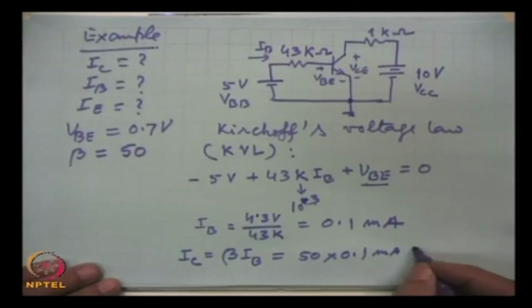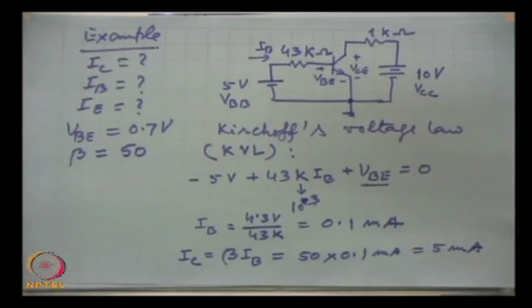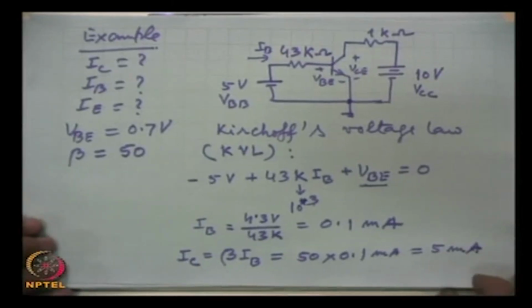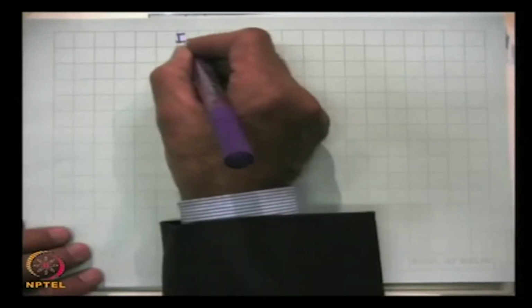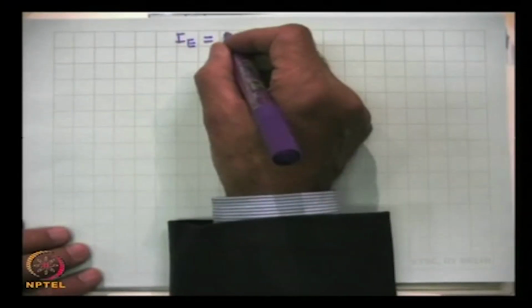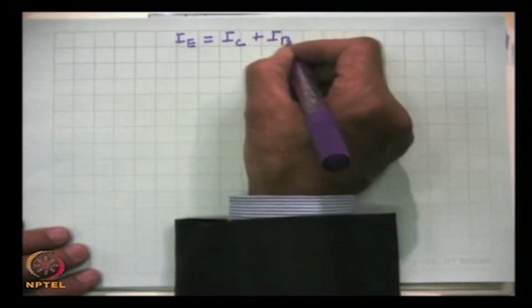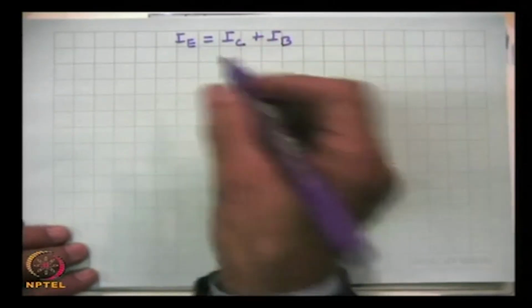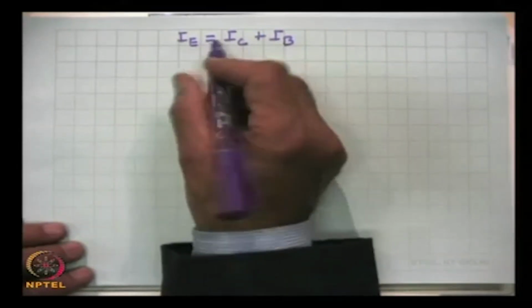So, this is equal to 5 milliampere. And then for the determination of I E we use the relation I C plus I B, and we have found out these two currents.